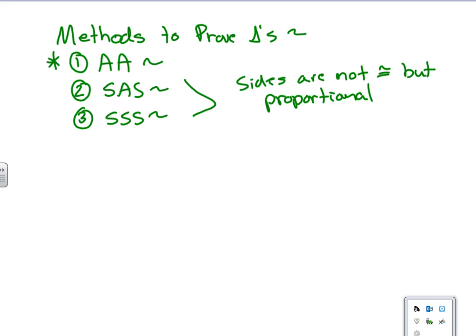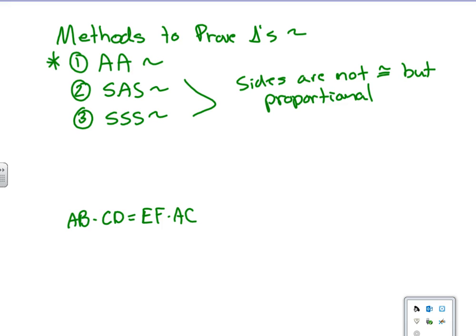We also want to recognize the scenario where we're being asked to prove that something like AB times CD equals EF times, I'm just making numbers up here, the letters aren't right.